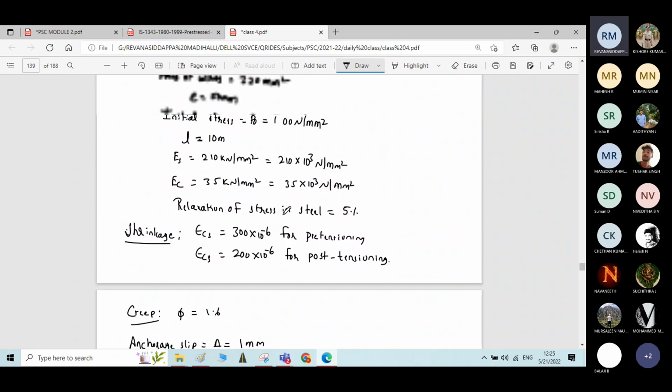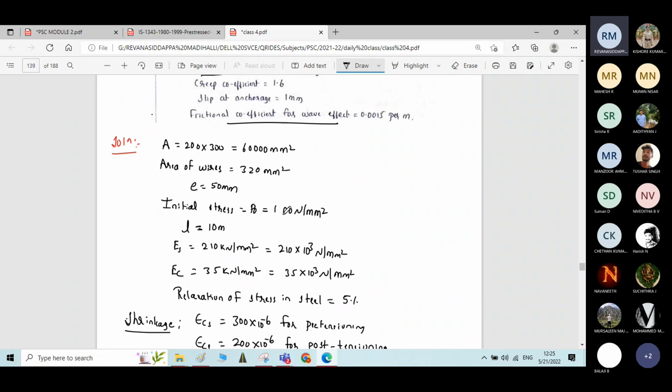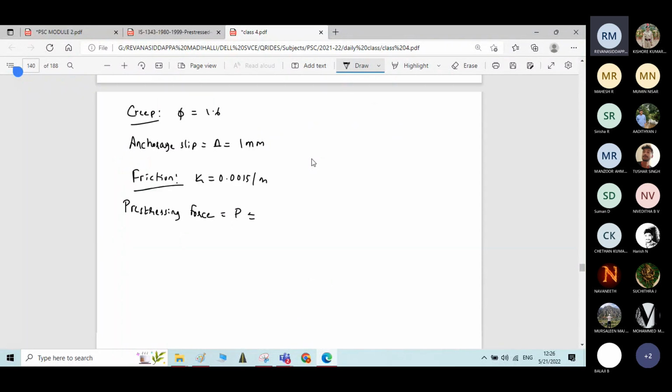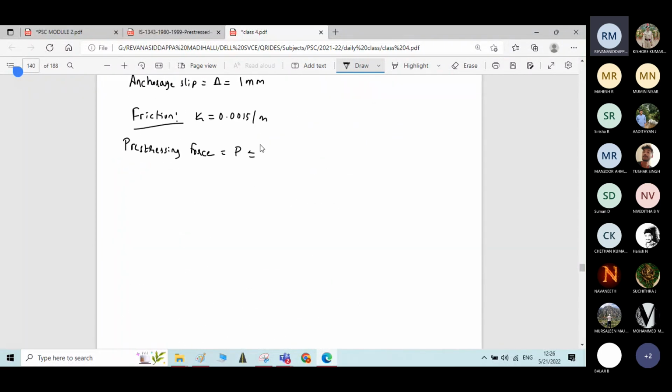Stress in the wires is given. Initial pre-stress, how much it is given? It is given as 1000 Newton per mm square, P naught. Okay, initial pre-stress multiplied by area of wire will give pre-stressing force. Initial pre-stress is 1000 Newton per mm square.